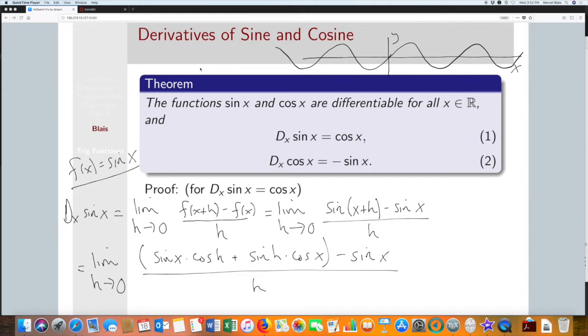And we now group things. What we will group together will be the terms that have a sine of x.